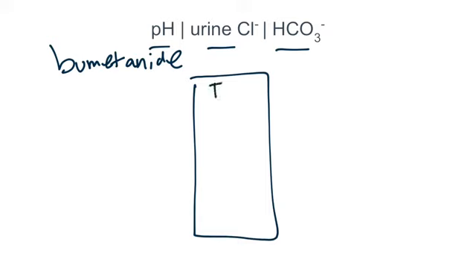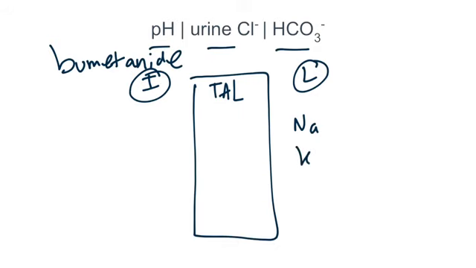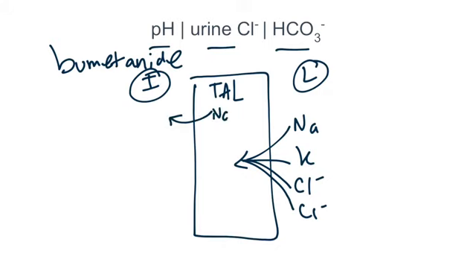So this is the thick ascending limb, this is the lumen, and this is the interstitium. The NKCC channel absorbs sodium, potassium, and chloride. The basolateral side of the thick ascending limb has other channels that allow the reabsorption of these electrolytes into the blood.